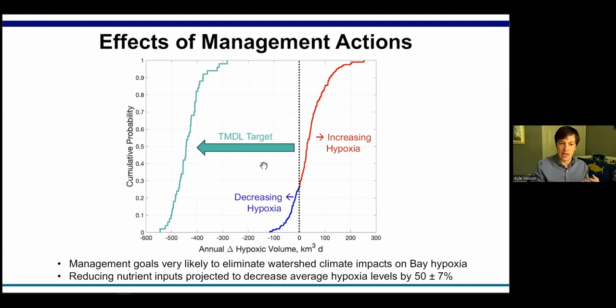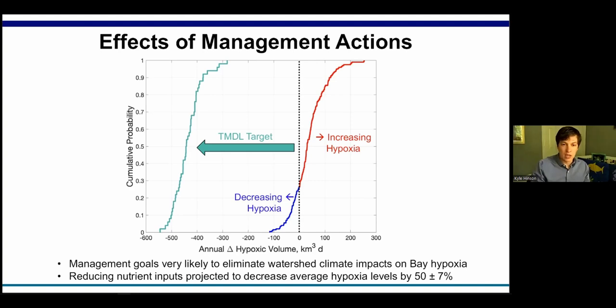In fact, we see that the reduction in nutrient inputs is projected to decrease average hypoxia levels by approximately half compared to the reference scenario. So these are fairly small changes overall with high levels of uncertainty due to the way that these different climate scenario setups process the inputs, but with the effective management actions, we see that it's a much more substantial change in helping to improve water quality and increase oxygen levels in the future.